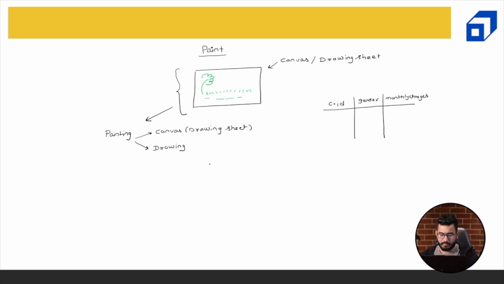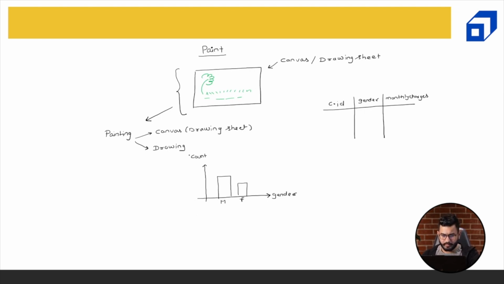So how would that bar chart look? It would look like this, where on the x-axis I'll have gender, on the y-axis I'll have count, and then we'll have male, female.